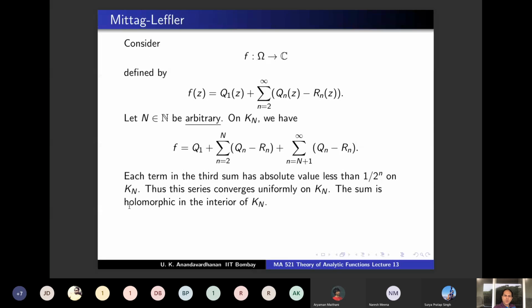Qn is holomorphic on Kn, and Rn is also holomorphic on Kn because the poles of Rn are outside omega. So each Qn minus Rn is holomorphic.